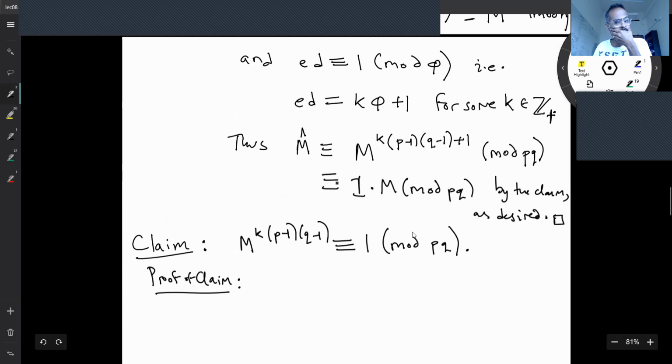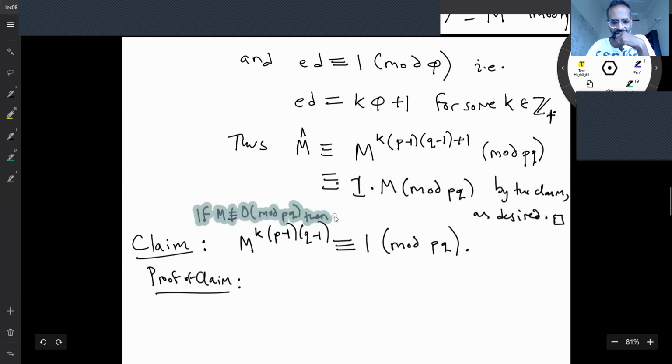Sorry. The claim is, if M is not congruent to 0 mod PQ, then this is congruent to 1. Actually, let me edit this claim.